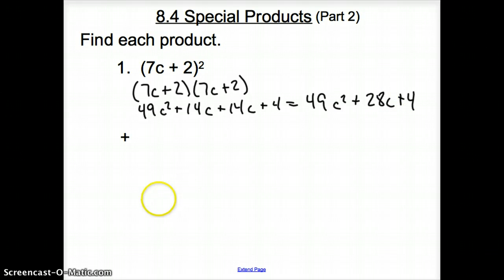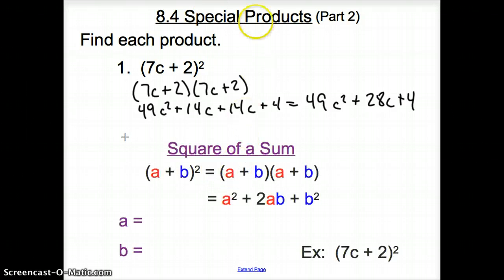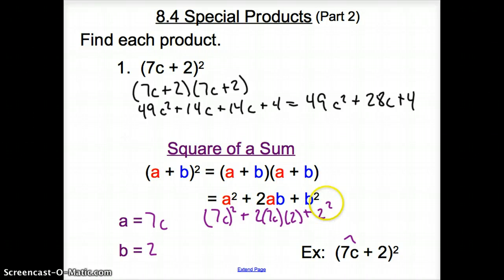So again, we have the square of a sum, which here is our formula. We have our A, which is 7c, our B, which is just 2, so we plug it in, 7c, that is being squared, plus 2 times 7c plus 2, and then plus 2 squared.